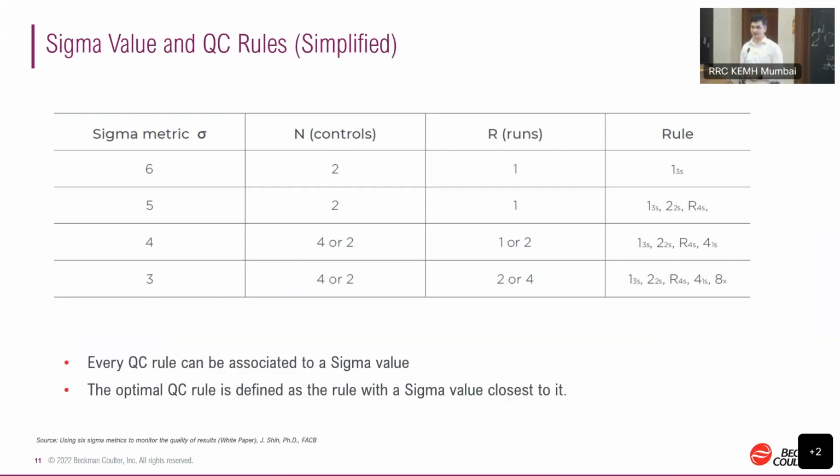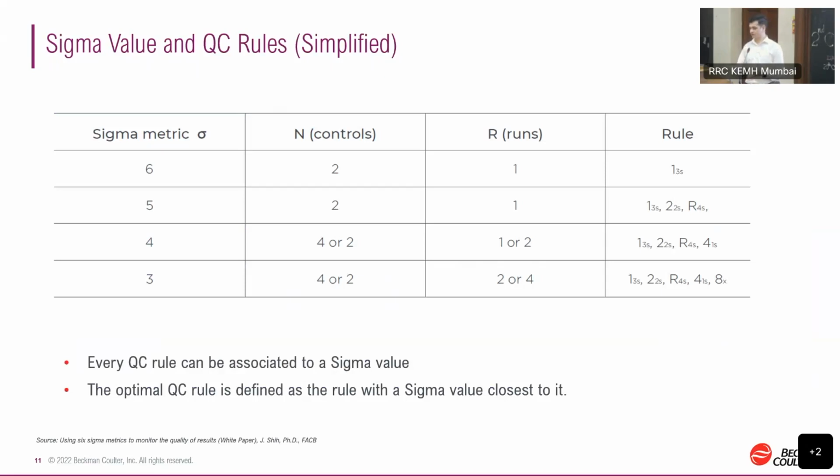That means with 6 sigma performance, you can use only the 1-3S rule. If your sigma value is lower, let's say 5 or 4, then you may have to incorporate more rules because it is not performing at the gold standard or optimal.